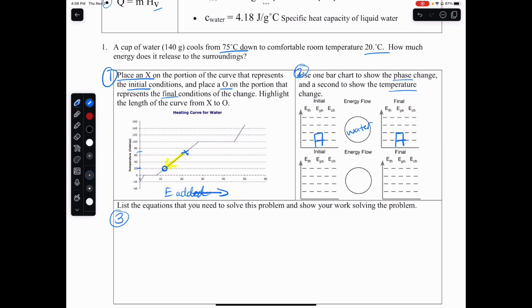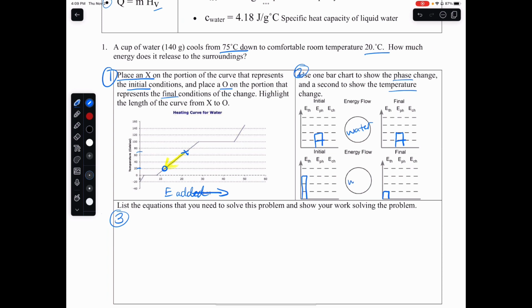We'll use the bottom set to represent temperature. So the temperature started at 75. So let's add some bars under thermal energy to represent that original temperature. And then the temperature went down to 20. And so, 25 is about a third of 75. So I'll just use the 3-bar to 1-bar ratio.